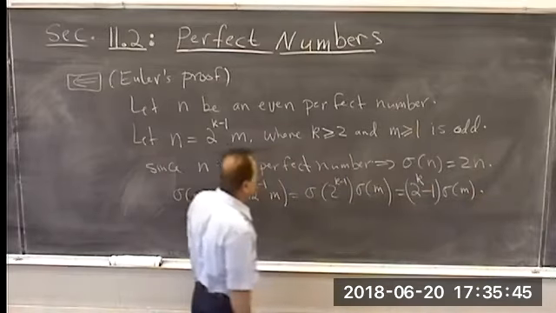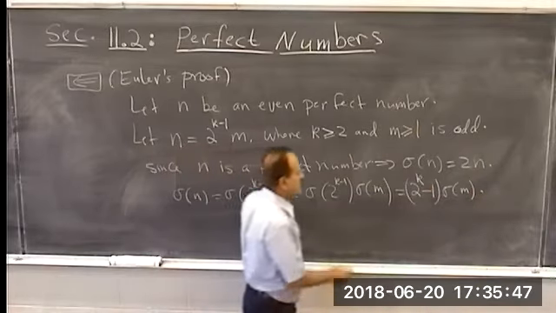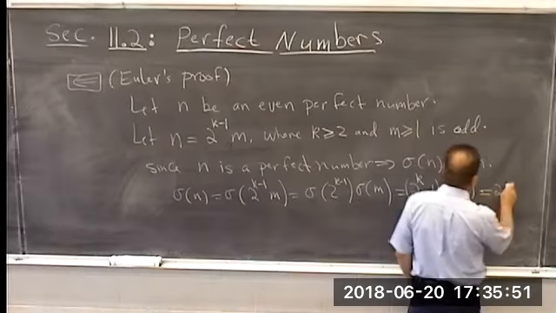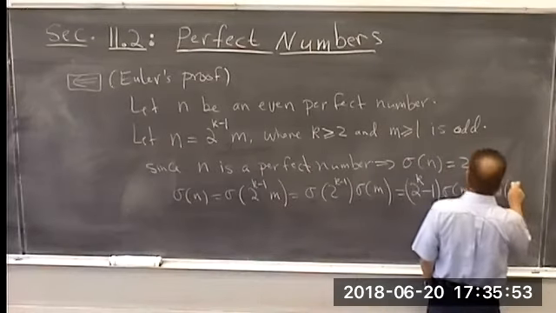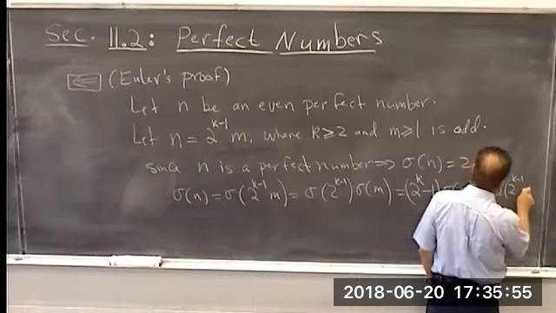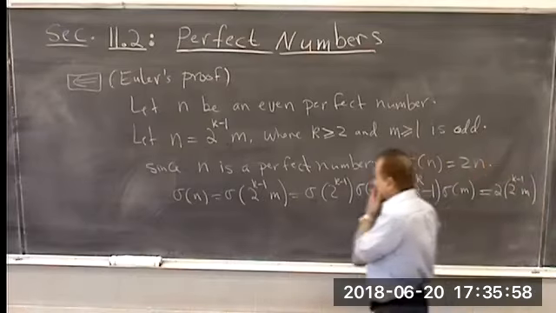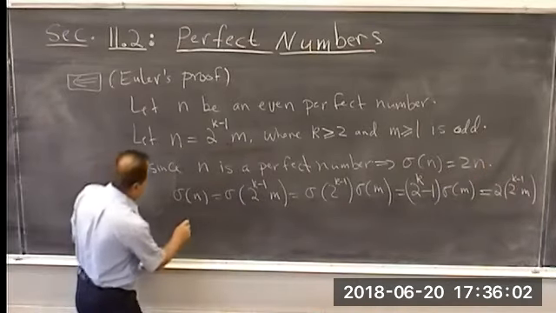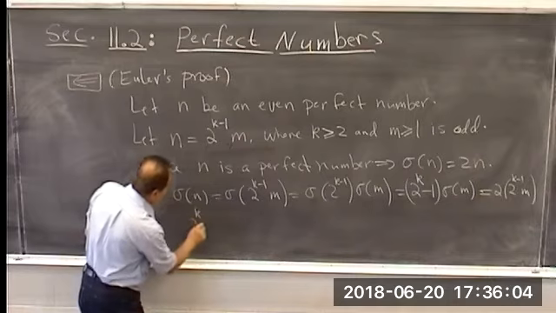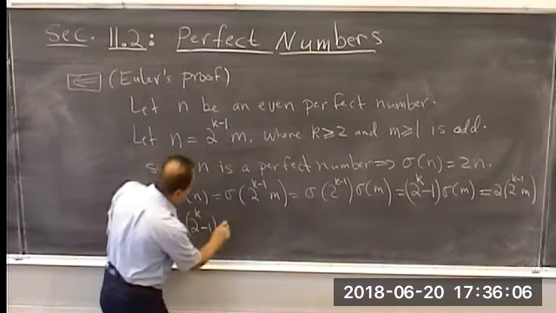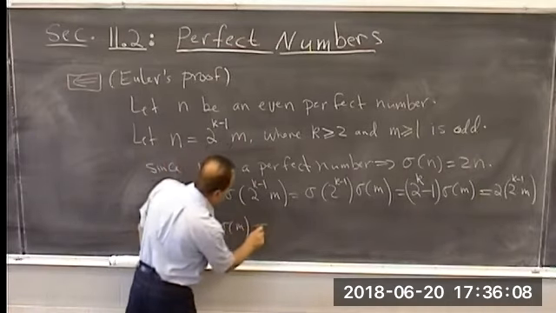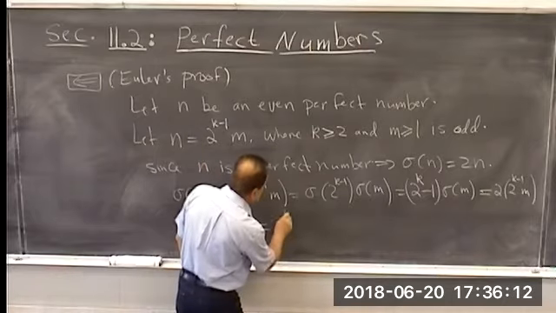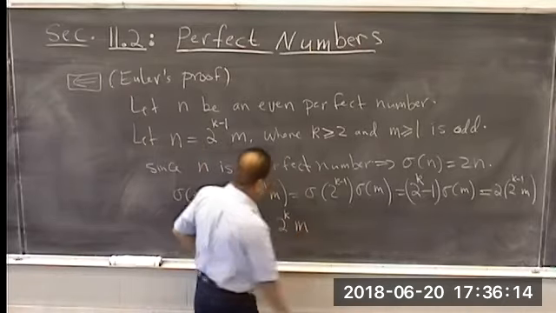But we say that this is also equal to 2n, which is 2 times 2 to the k minus 1 times m. So we have this equation: (2 to the k minus 1) sigma of m is equal to 2 to the k times m.